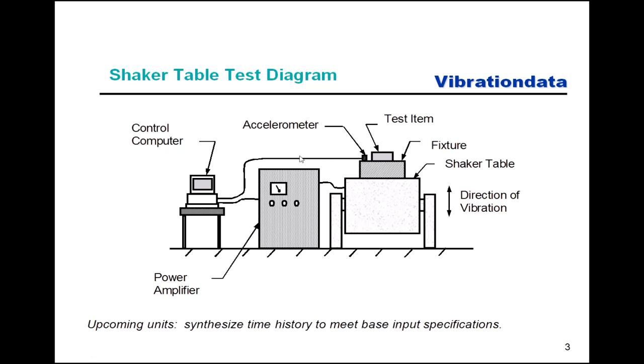So this accelerometer, this is the feedback loop. The control computer wants to attain a certain vibration level on this fixture. So it verifies that via the control accelerometer, and then it adjusts its output accordingly. So it has real-time updating of the drive signal.